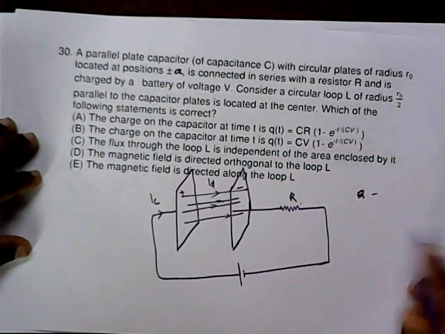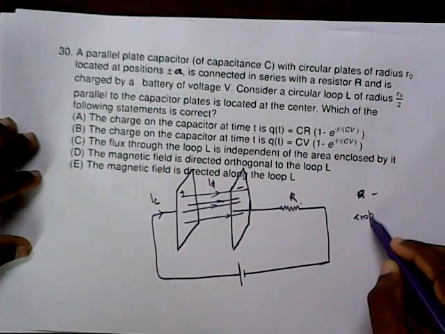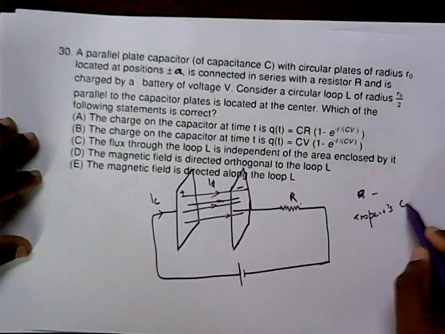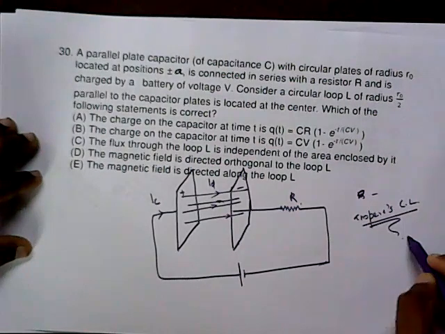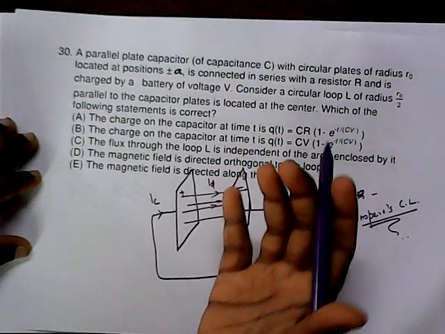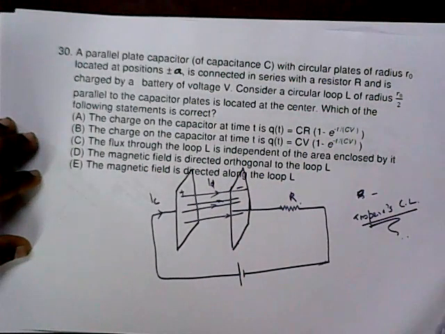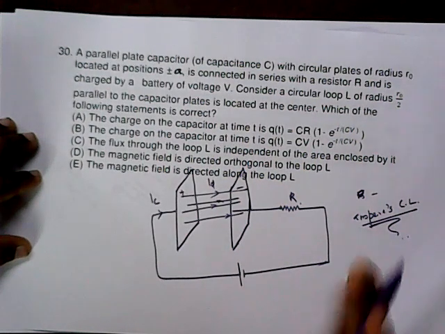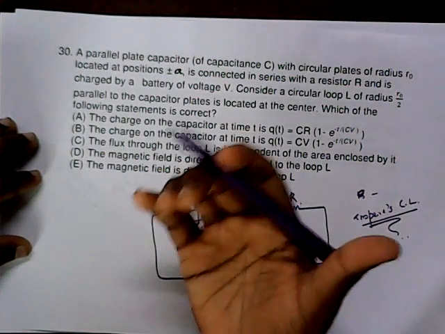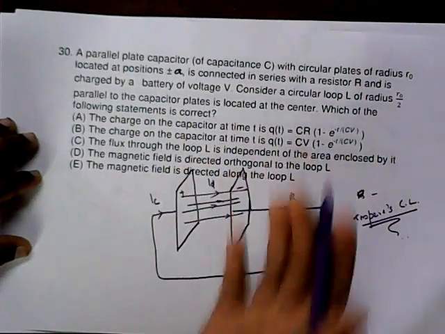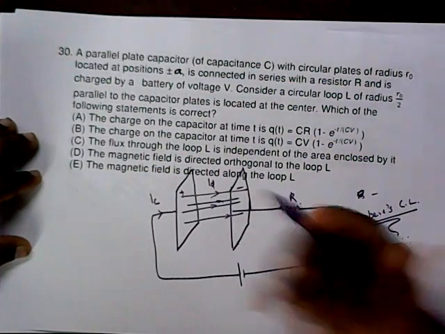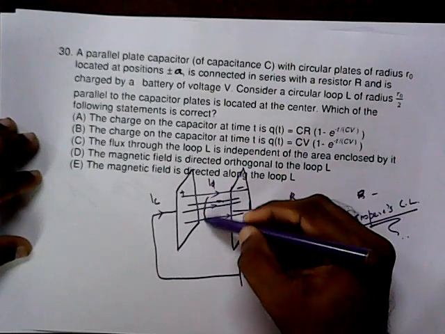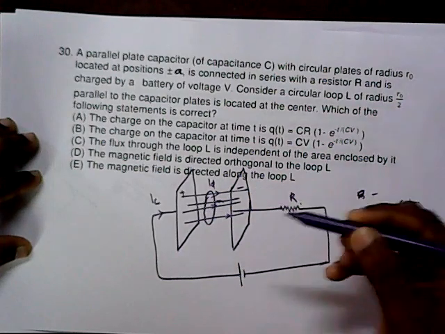So you can apply Ampere's circuital law. You have to just curl your right hand fingers, so the curling of the fingers will give the magnetic field.